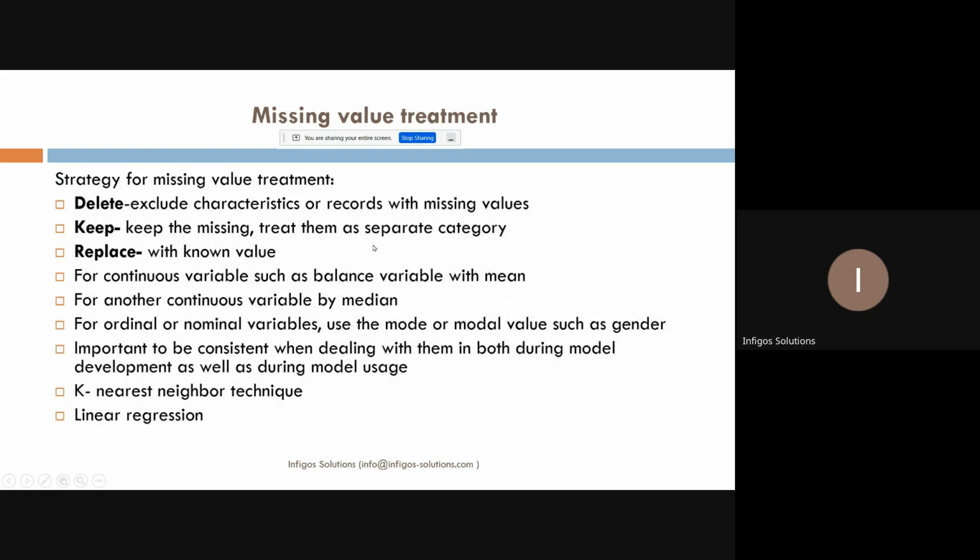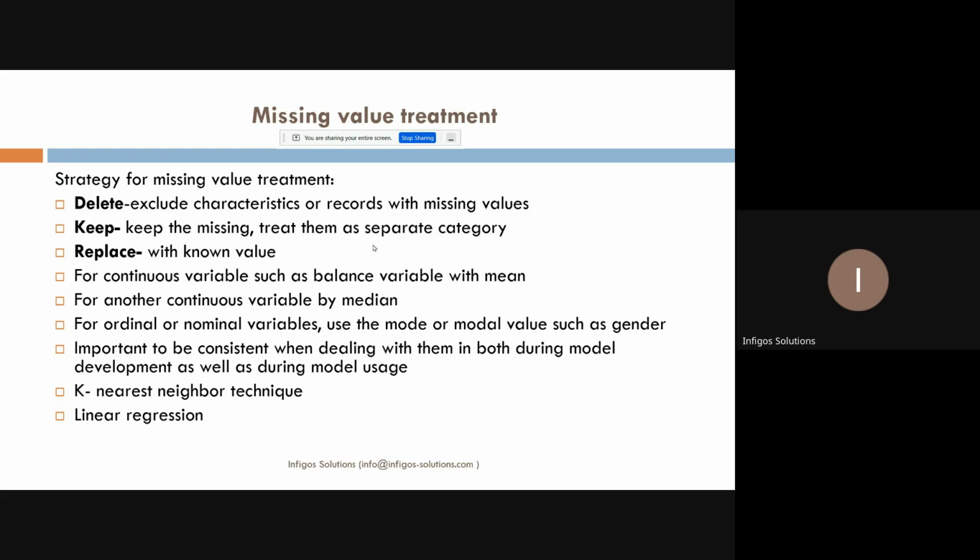There are three strategies for missing values. One is to delete that particular observation. Second is to keep it and treat it as a separate category. Third is to replace with a non-missing value. For a continuous variable such as balance, we will replace with the mean. For another continuous variable, we will replace with the median.